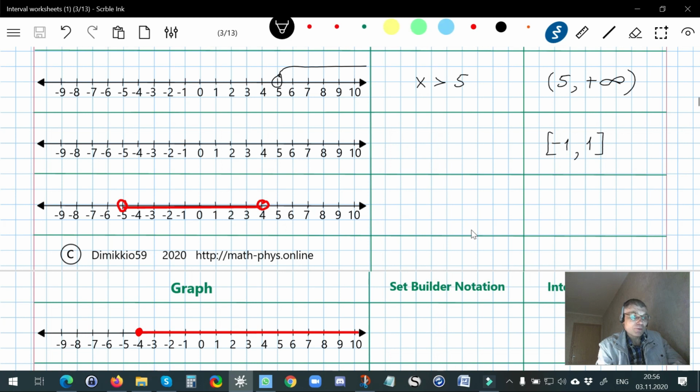Well, the last one is we're given from -5 to +4 open. It means that x is less than +4 and greater than -5. And here the last interval notation gives us -5 and here +4, and they are both open. As you see, it's pretty obvious how to do that.